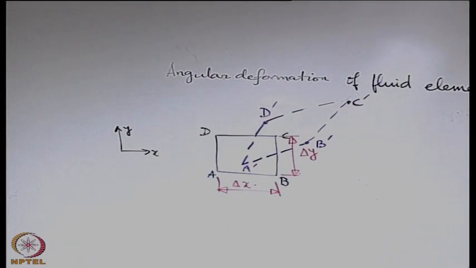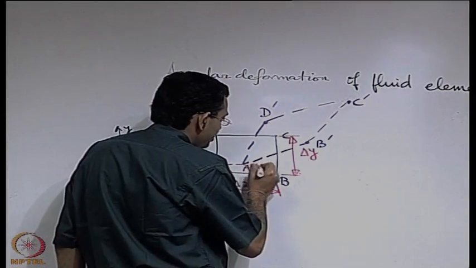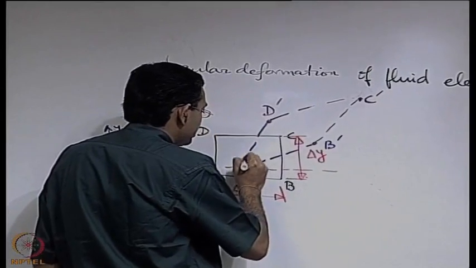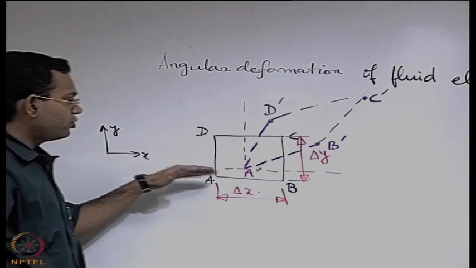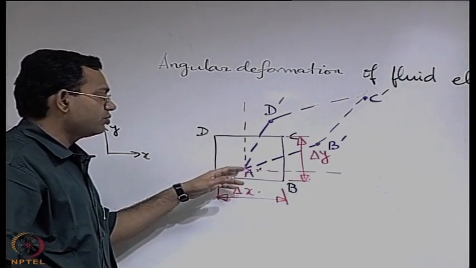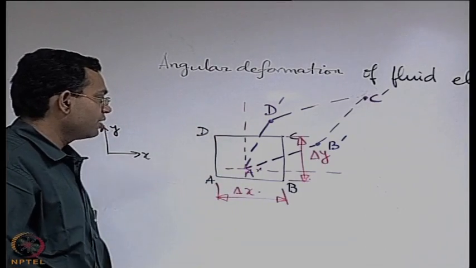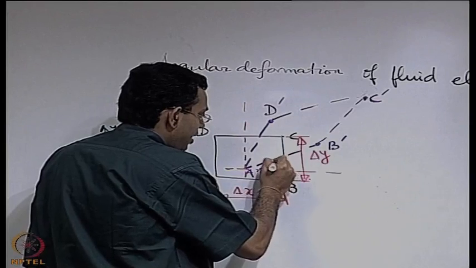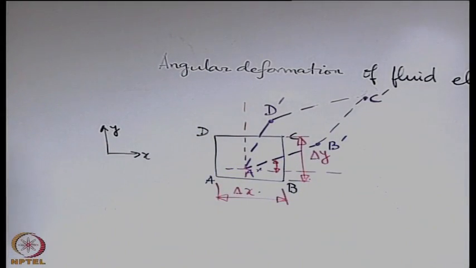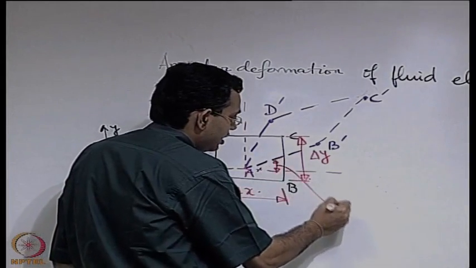Now, what are the important parameters that characterize this deformation? If you draw two lines through this new location of A, say one along x and another along y, the first important parameter that becomes apparent is this angle, say delta alpha.